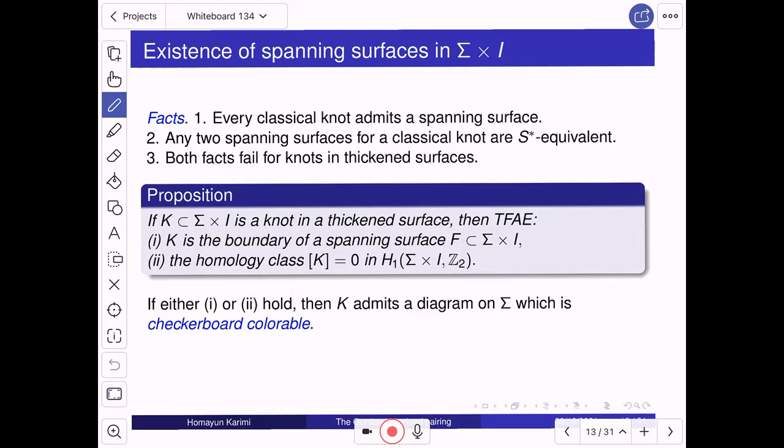And if either one of these holds, then K admits a checkerboard coloring. It's worth noting that either we have no spanning surface or exactly two spanning surfaces. These two happen when the genus of sigma is bigger than 0.